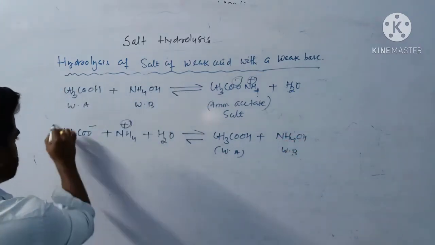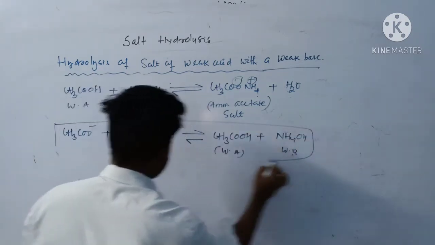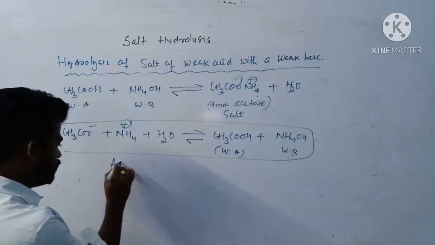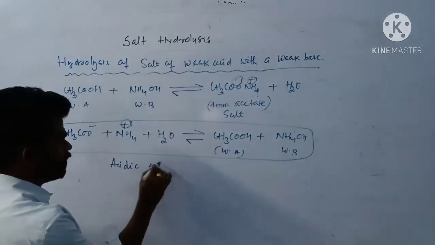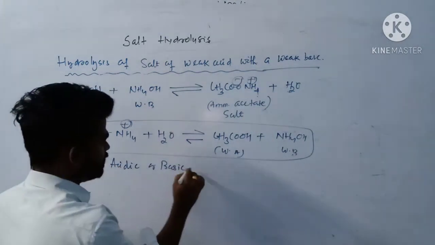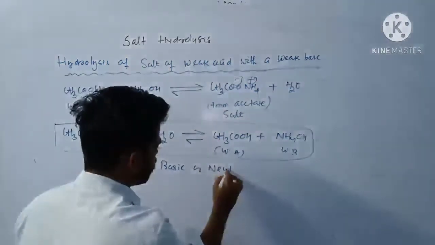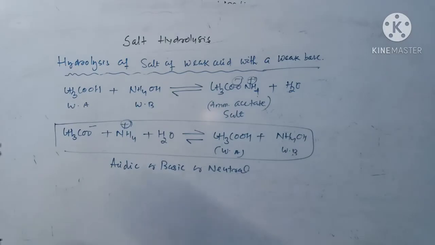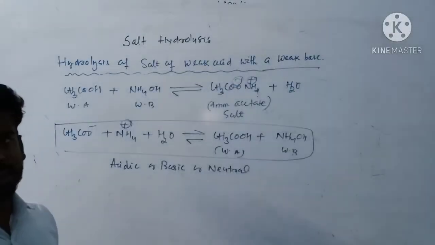So right now just see, the final salt solution can be acidic or basic, or it can be neutral. It depends upon the strength of weak acid or weak base.